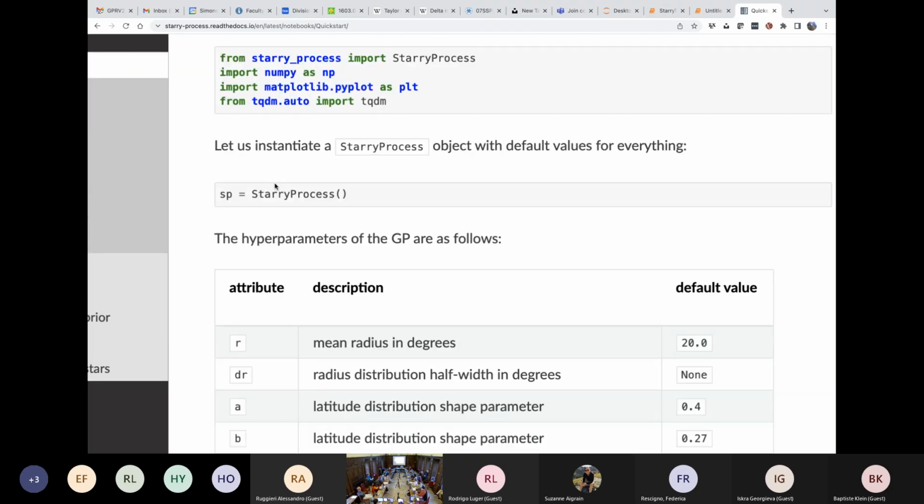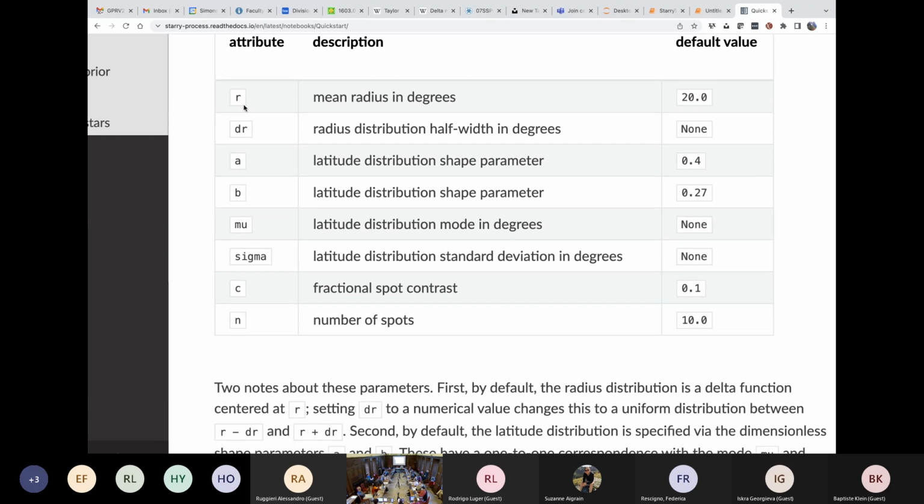And the idea is that you just import starry process, you generate an object. This is now a Gaussian process that's equipped with a log likelihood and so forth. And the parameters of the Gaussian process are the things that I talked about, such as the radius, the width of the radius distribution, mu and sigma, the latitude and standard deviation of the spot latitude.